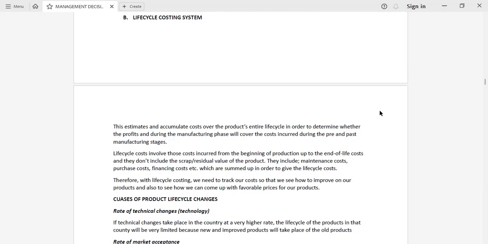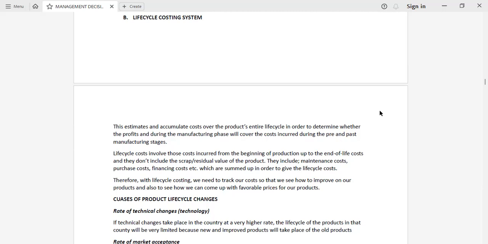Life cycle costing estimates and accumulates costs over the product's entire life cycle, in order to determine whether the profits made during the manufacturing phase will cover the costs incurred during the pre and post manufacturing stages.